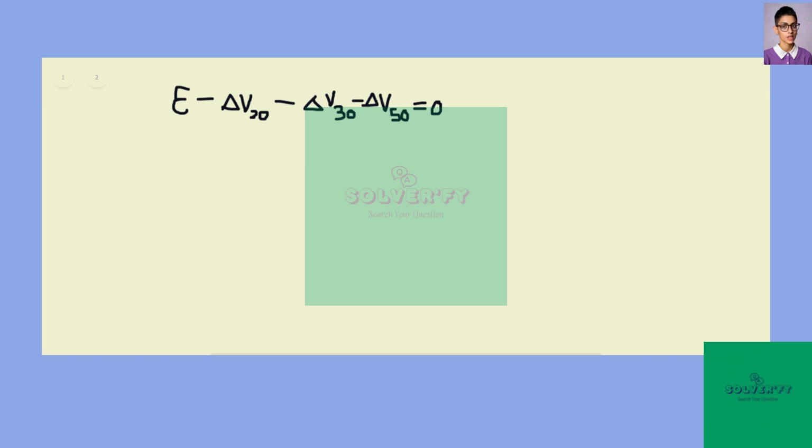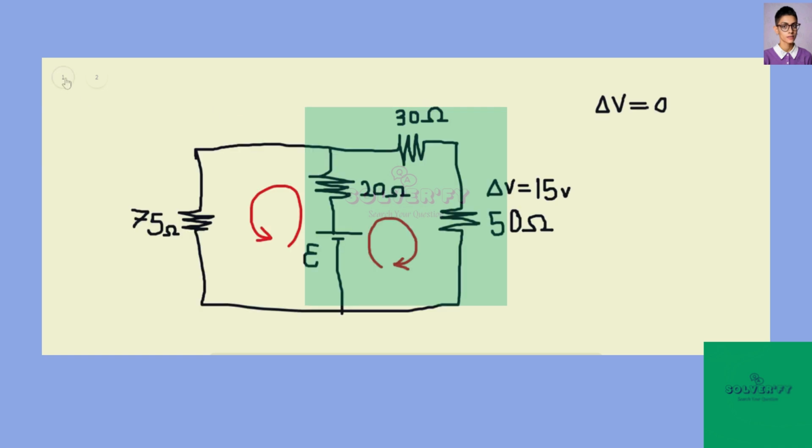battery. So we're already given this in the problem, the change in potential across the 50 ohm resistor. That was 15 volts, right? So now we need to find the change potential across the 30 ohm resistor, and we do that using Ohm's law.